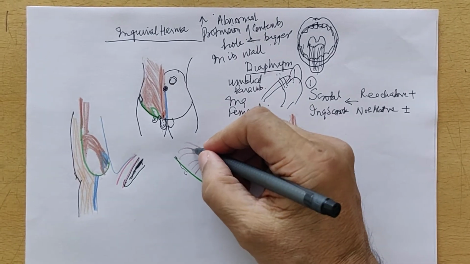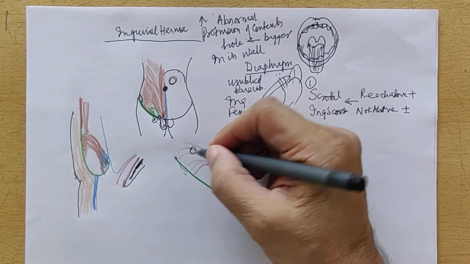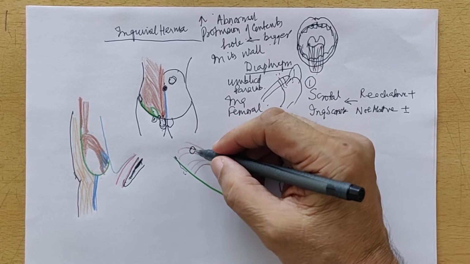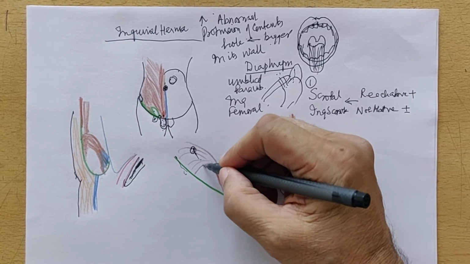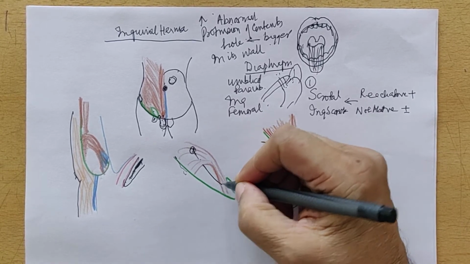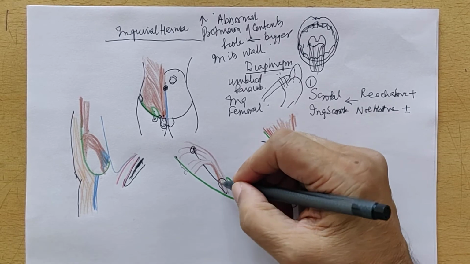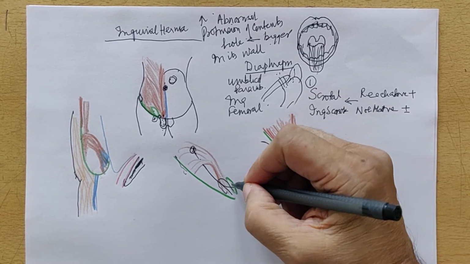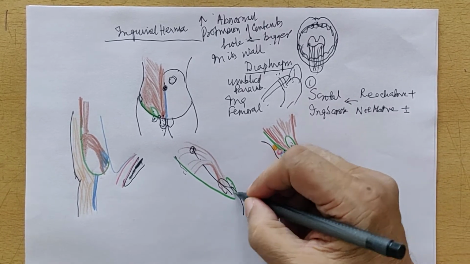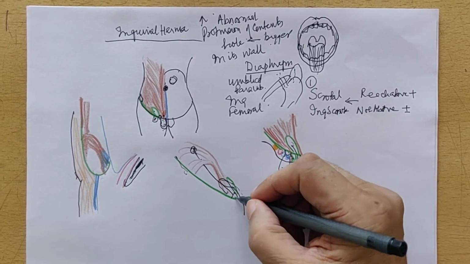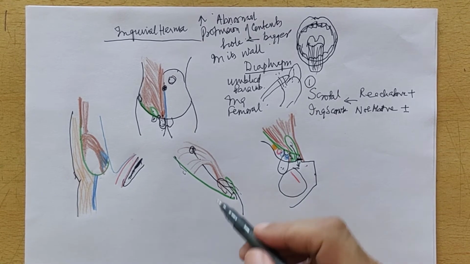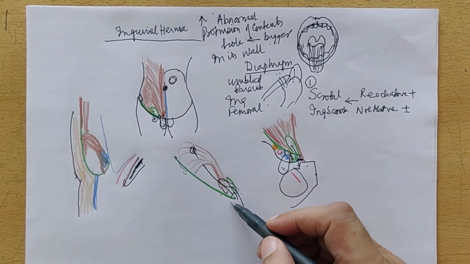There is a hole in the fascia transversalis here, called the deep inguinal ring, and the contents come out from this, go under this arch, and emerge out of the superficial inguinal ring and go into the scrotum. Here is the pubic tubercle, so they go above the pubic tubercle. The femoral hernia comes below the pubic tubercle.